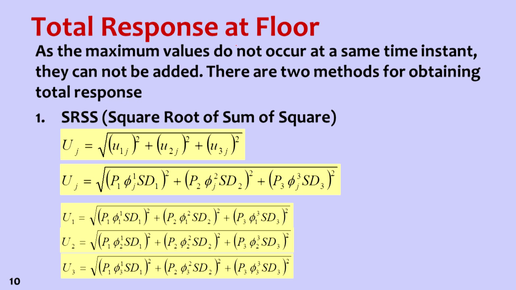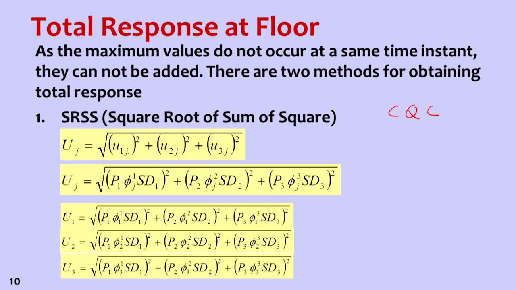The total response at each floor: the maximum values do not occur at the same time instant, so they cannot be added directly. Therefore, there are two methods for obtaining the total response. One is the SRSS method, the second is the CQC method, which we are not discussing in this class. So uj is equal to the square root of u1j square plus u2j square plus u3j square, where j is the floor level.